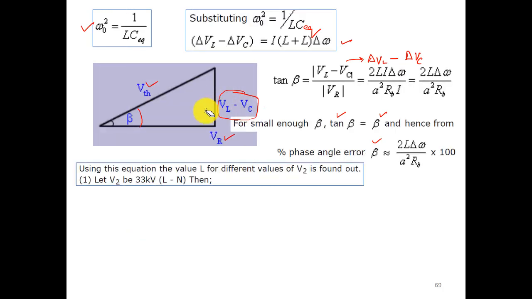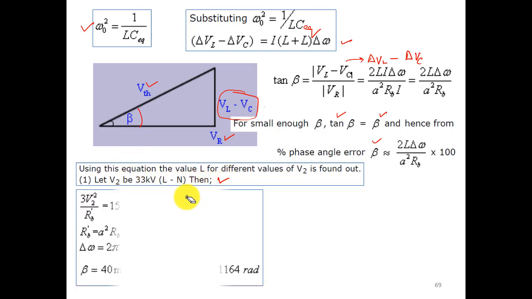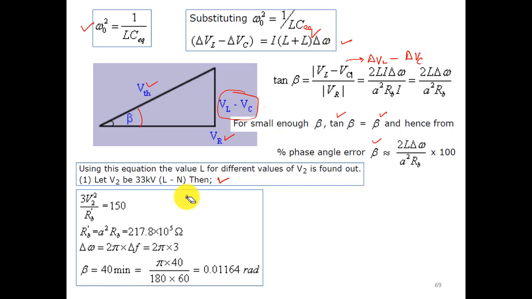Now let us consider first V2 equal to 33 kV. You know that your burden is 150 volt ampere, which is nothing but equal to 3 V2 square by RV dash. And RV dash is nothing but A square RV.